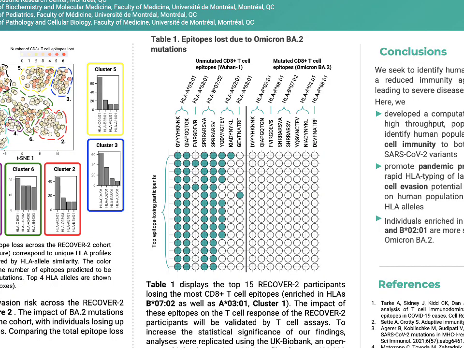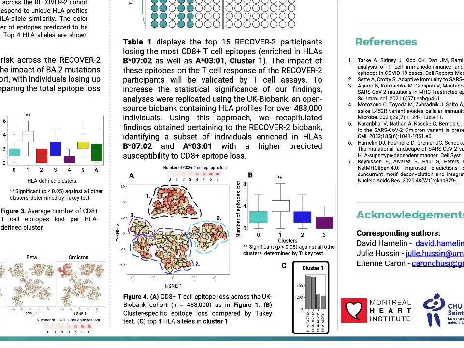Finally, the last thing we wanted to do was to increase the statistical power of our analyses by replicating our work with a second, much larger biobank. Here we used the UK Biobank, which is a cohort of 500,000 individuals, 488,000 of which are HLA typed.